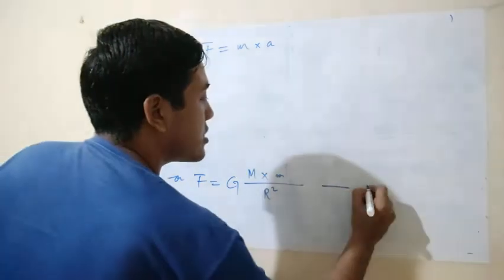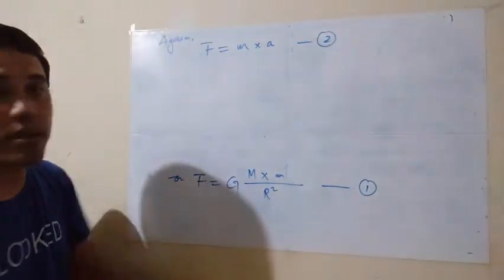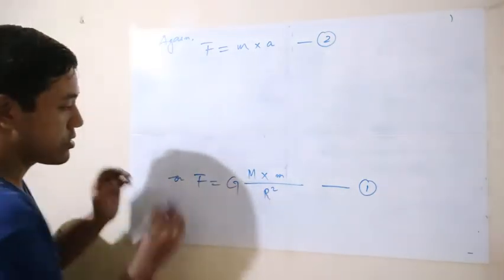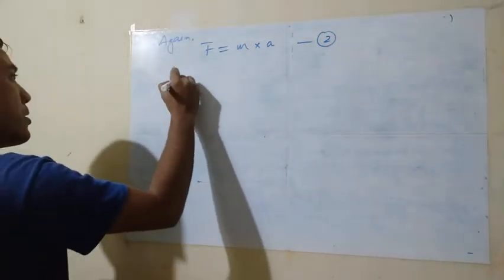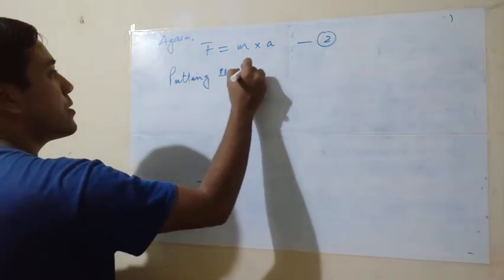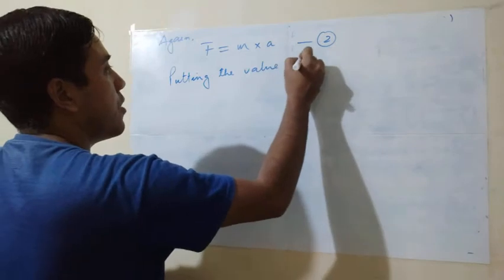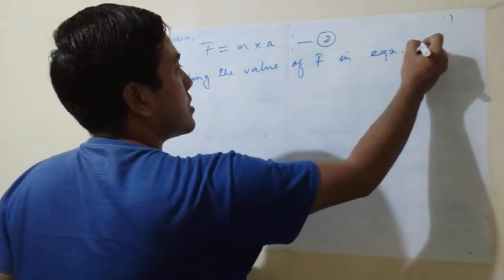This is equation number 1, this is equation number 2. Can I remove this one? Yes. Now putting the value of F in equation number 1.